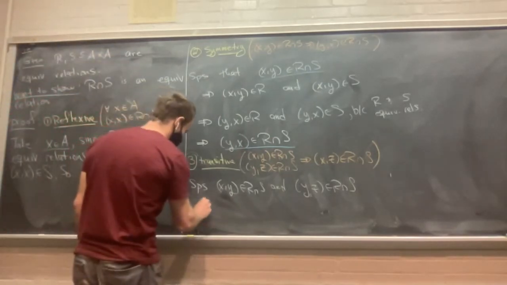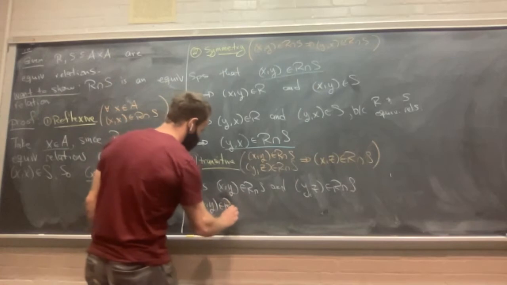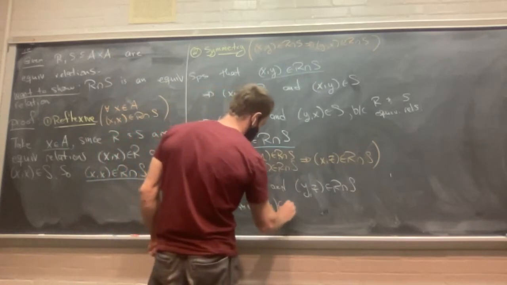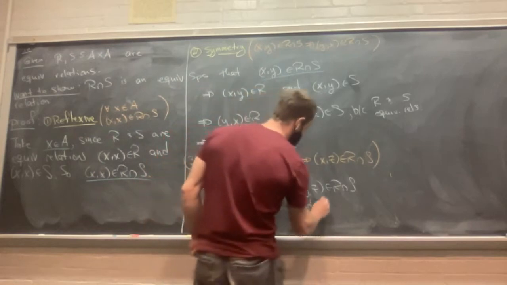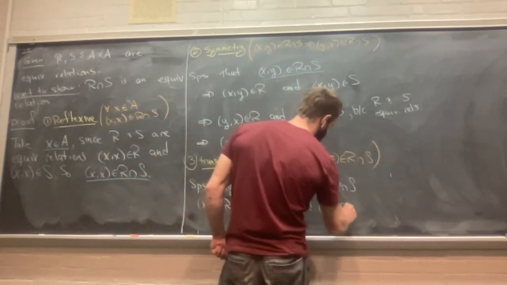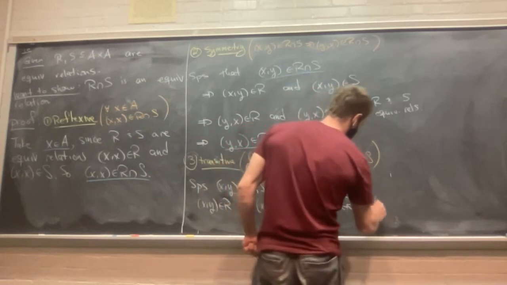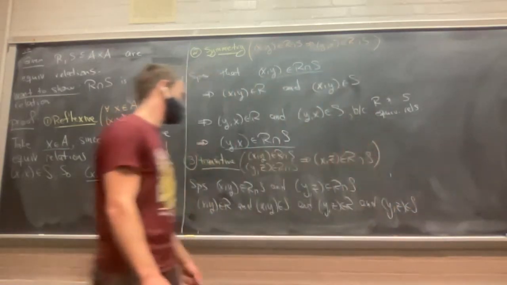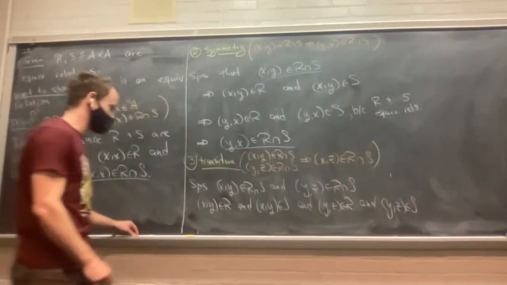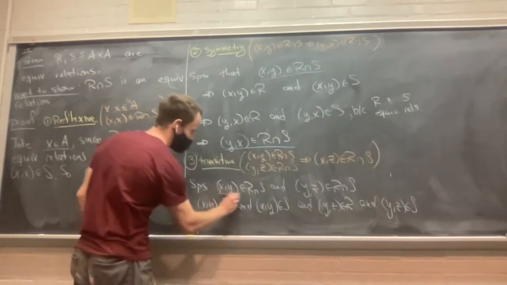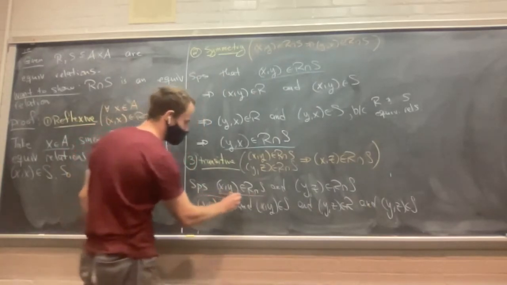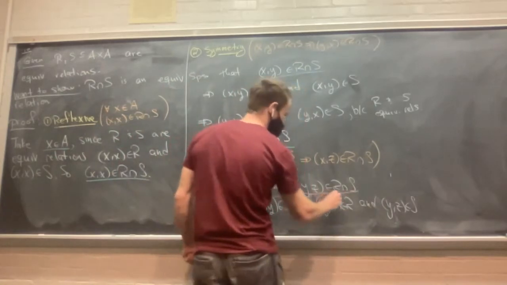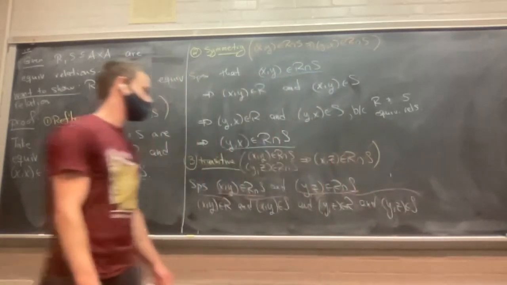That means that (x, y) is in R and (x, y) is in S and (y, z) is in R and (y, z) is in S, right? Just to be thorough here, this statement split up into these two, and this statement split up into these two.